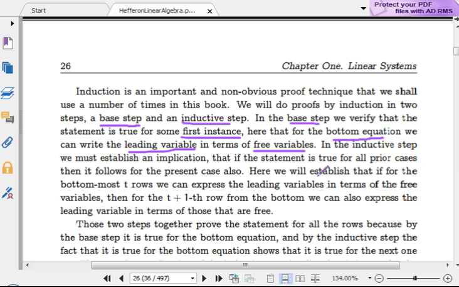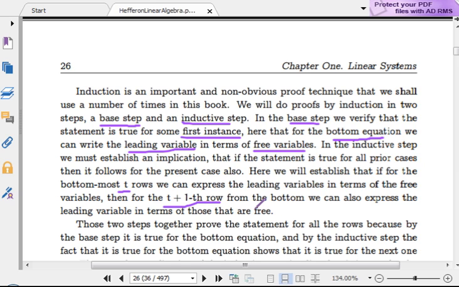Here we will establish that if for the bottommost t rows, we can express the leading variable in terms of free variables, then for the t plus 1 row from the bottom, we can also express the leading variables in terms of those that are free.